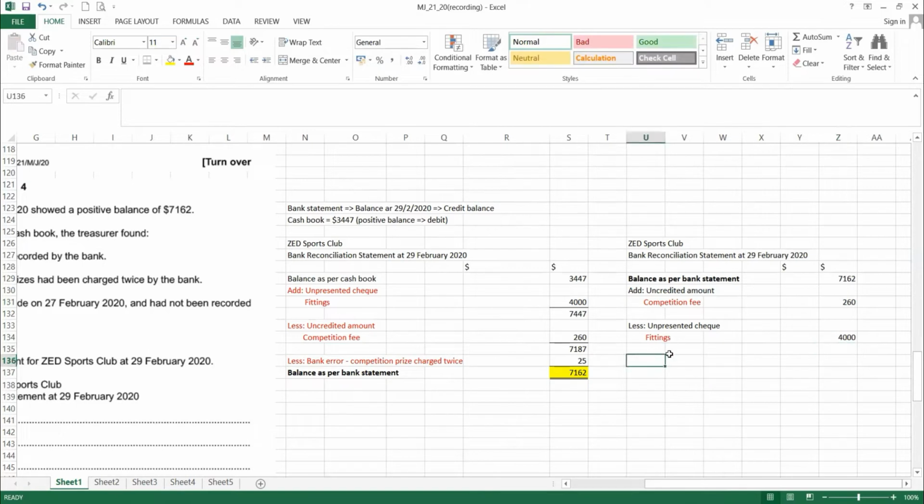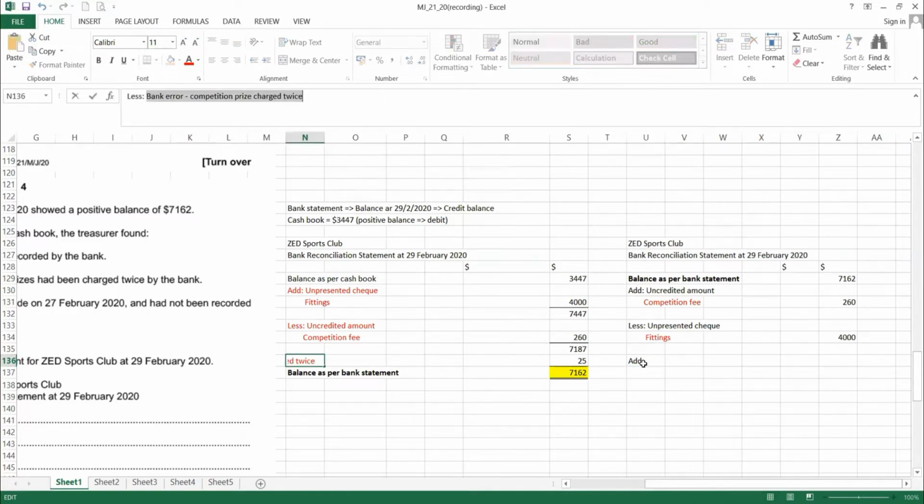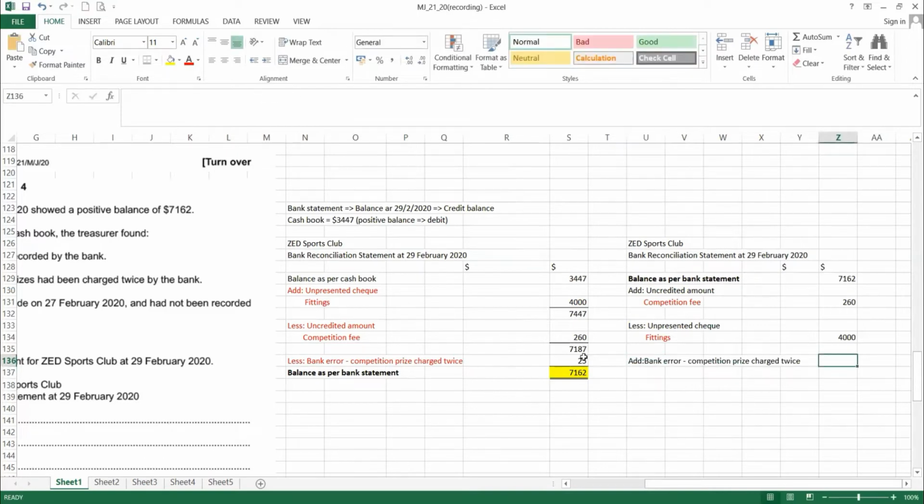Okay, and then this one, because this question is a less, so mathematic concept should be add lah. So you can put in here, add bank error, which is 25.